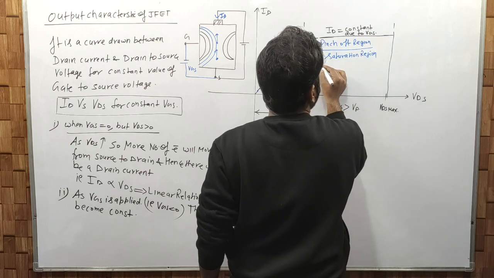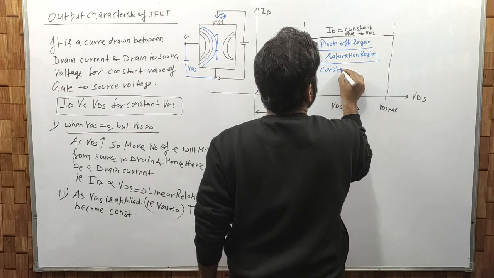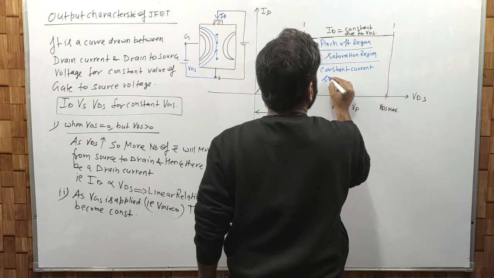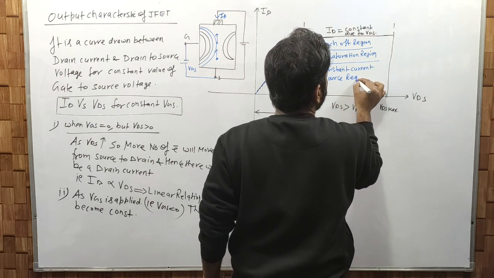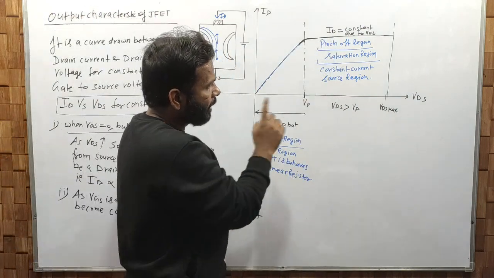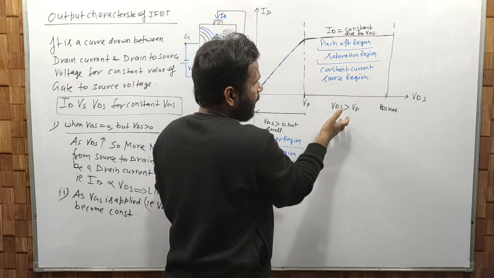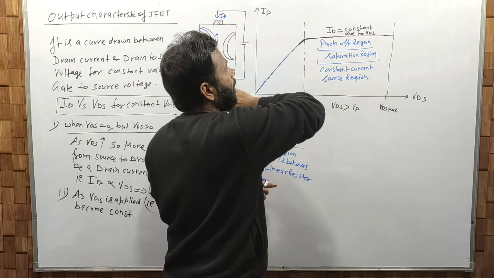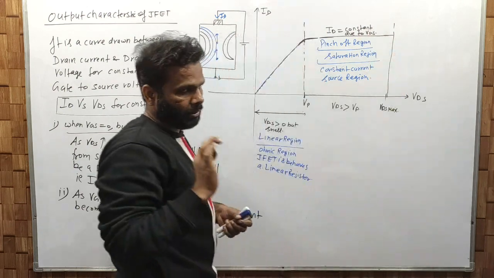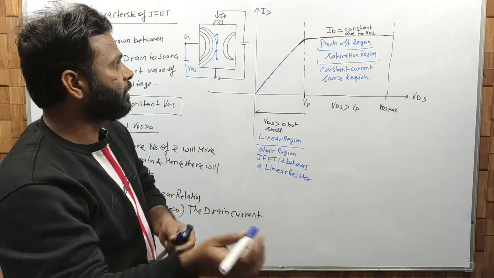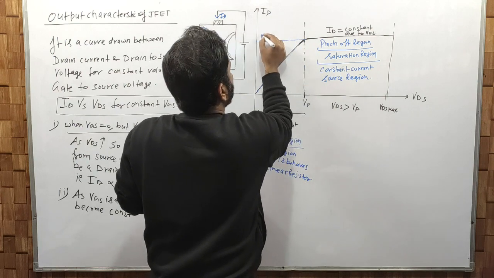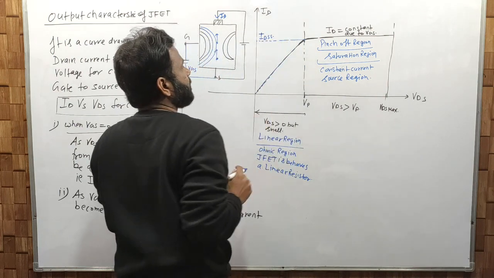And it is also called constant current source region. आई होप से ये बात समझ में आ गई होगी। नाउ मीनिंग क्या है, जैसे ही हम VDS को एक पर्टिकुलर वोल्टेज से ऊपर लगाएंगे, then the drain current, which earlier was increasing with VDS, becomes flat or constant. Clear? Now this flat value of drain to source current is known as saturated drain to source current, that is called IDSS. Clear है?